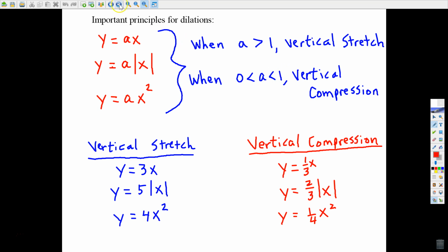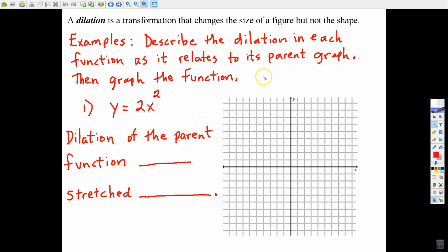So let's take a look at some examples. You're going to be doing some of these in your homework. I just wrote, of course, the definition of a dilation again. Your book is going to want you to describe, first of all, the dilation in each function as it relates to its parent graph. Let's take this first example, y equals 2x squared. That is a dilation of the parent function y equals x squared. At this point you have 3 parent functions to choose from: y equals x squared, y equals the absolute value of x, and y equals x.